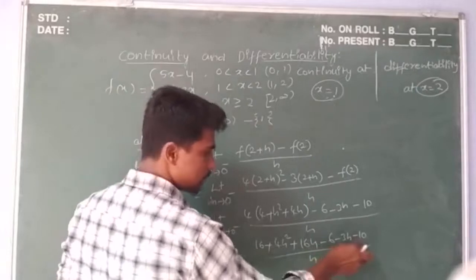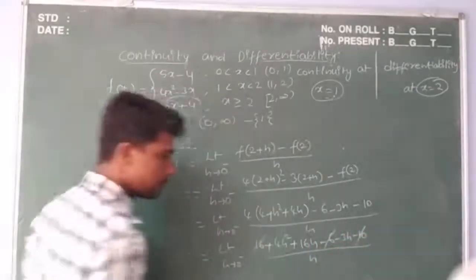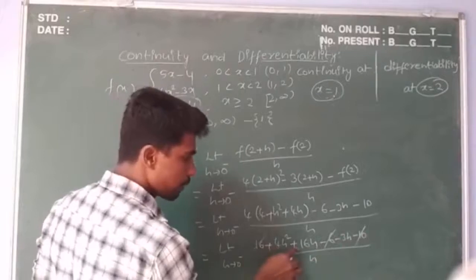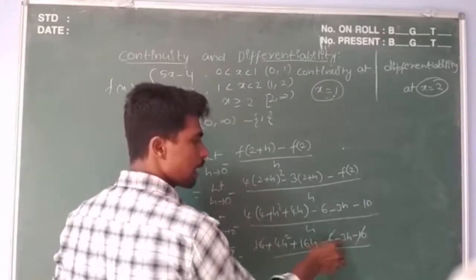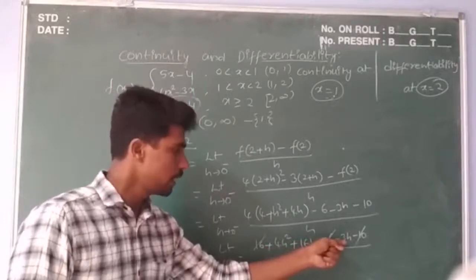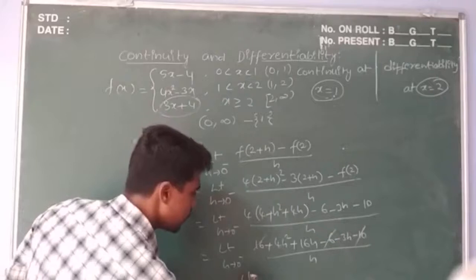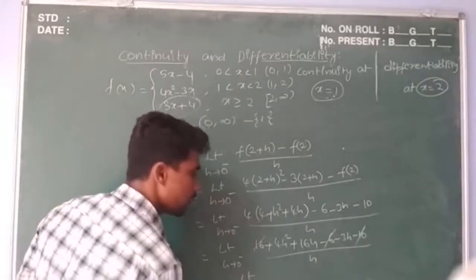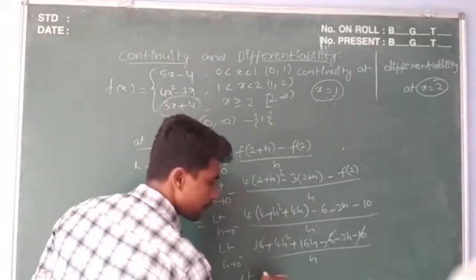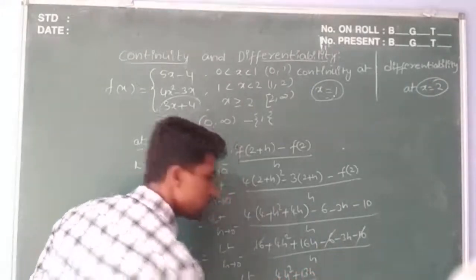Here 16 minus 6 minus 10 is 0, so 16 and the constants cancel. Now we get 4h square plus 16h minus 3h, 16 minus 3 is 13. So I get limit h tending to 0 minus 4h square plus 13h by h.